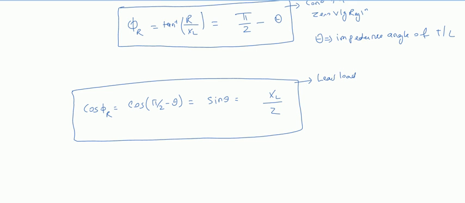Right. So just now we have done the analysis of voltage regulation for the short line. But this analysis is also available for lagging load and unity power factor load connected on a long and medium transmission line.